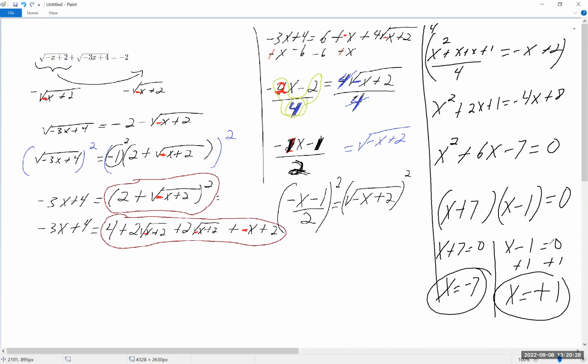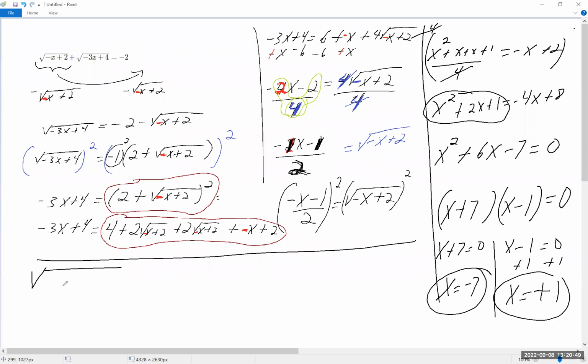But I want to answer a question that I got. This 4 and this 4 canceled, which is why I ended up with this. Okay, now I know my process is correct because I checked it.